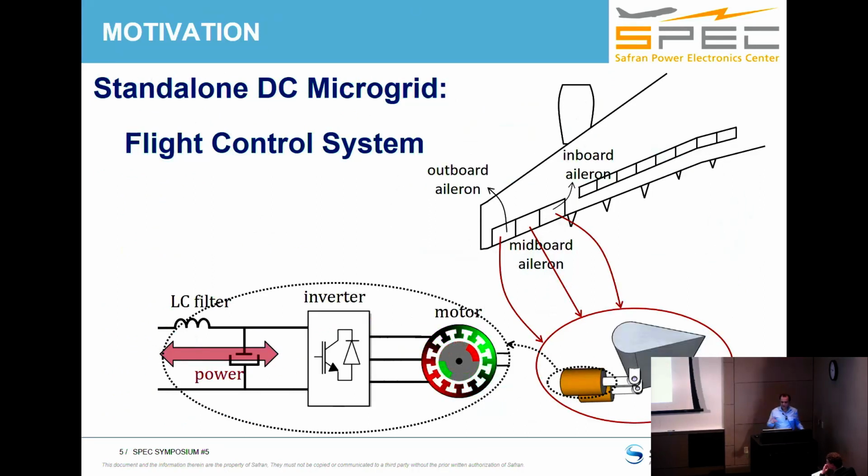Now let's focus on a specific system. As an example, I chose the flight control system. Here you have the flight system of the A380. You have 3 ailerons. Each aileron has 2 actuators.